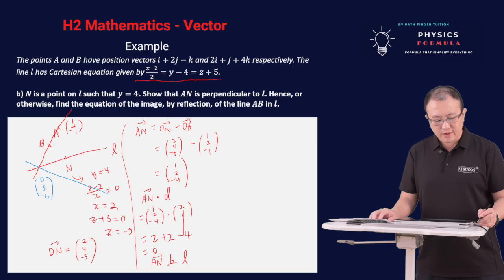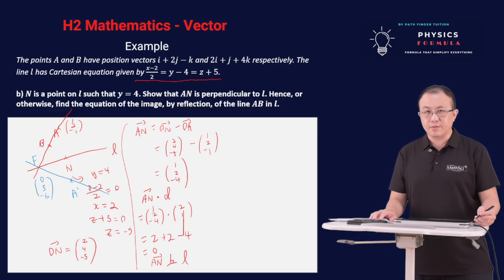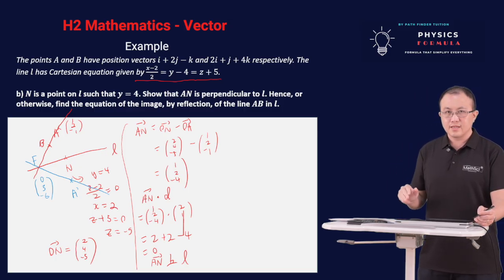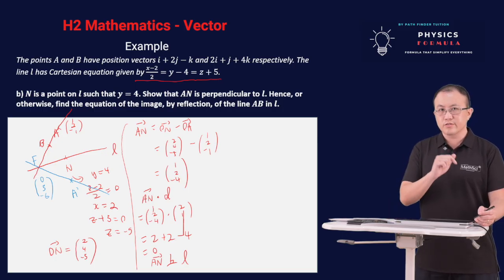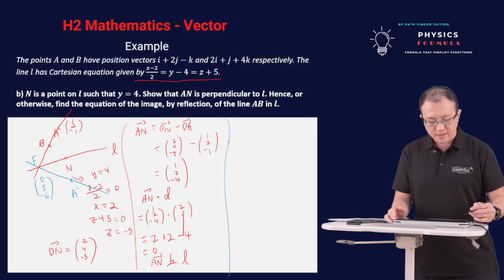If I want to find the equation of the image by reflection about the line L, what we need to do is find A prime. In fact, we need to find FA prime, because FA prime is the directional vector of the blue color line. I also need a point that is on the blue color line, which I can use (0, 3, -6). Now I'm going to use the ratio theorem for this part.